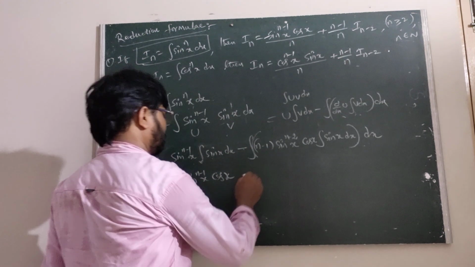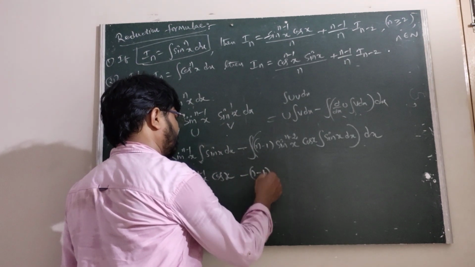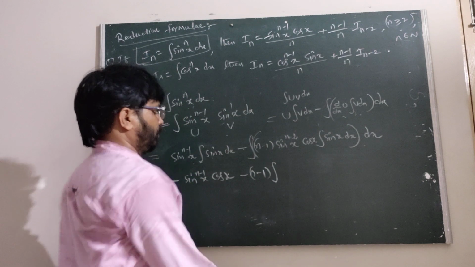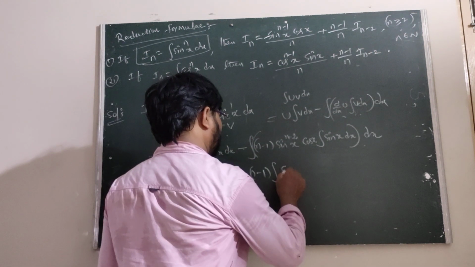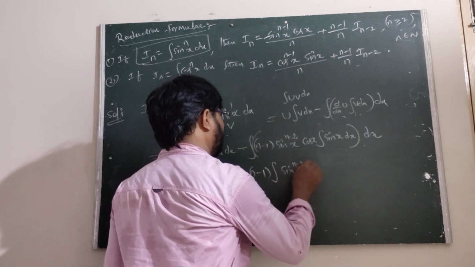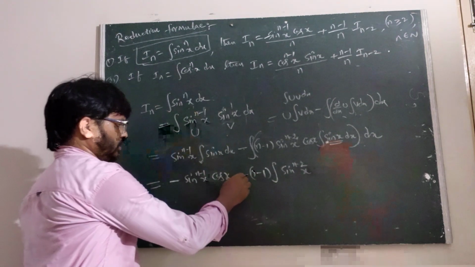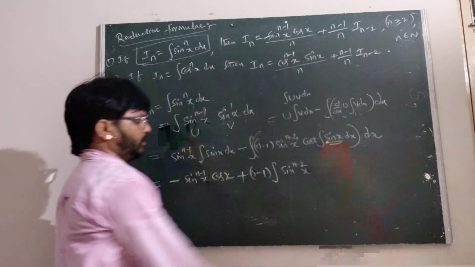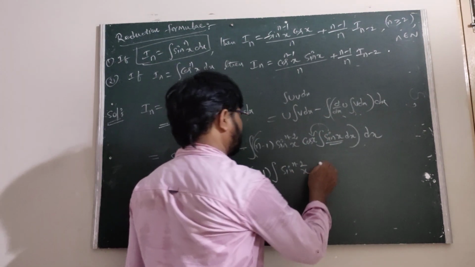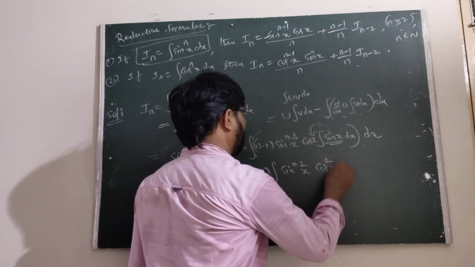Here n-1 is the constant. Therefore, here sin^(n-2) x, the integral of sin x is minus cos x, minus of minus plus, cos x into cos x is cos square x into dx.